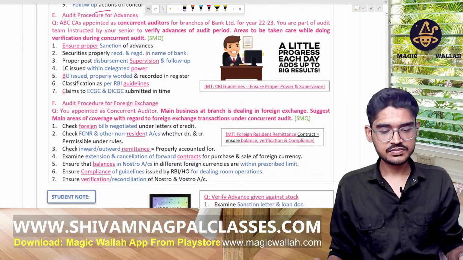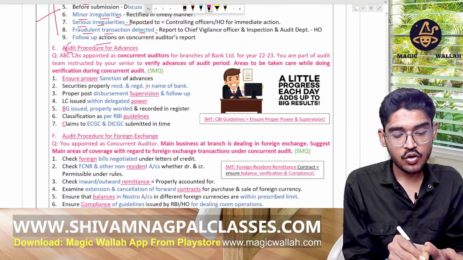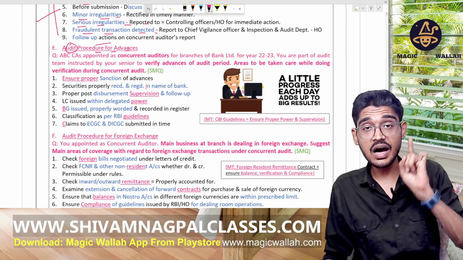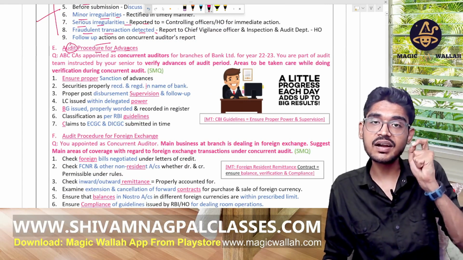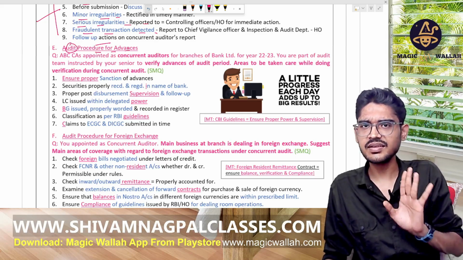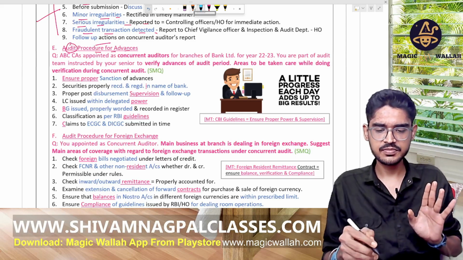Now, the audit procedure for the advances. Okay, these are for the concurrent auditor: how a concurrent auditor should verify the advances. The points are almost the same as those checked by the statutory auditor. This is clear. Now just read this point.